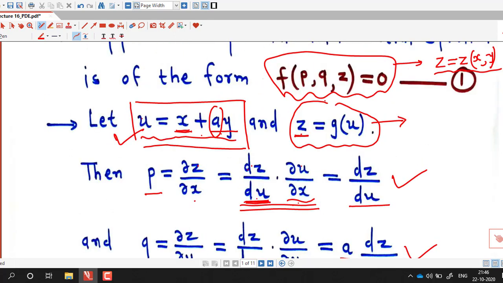And after putting values of small p and small q, this equation 1 will be reduced to an ordinary differential equation in variables z and u, that we can solve easily. And after solving in terms of z and u, we will again put u equal to x plus ay.